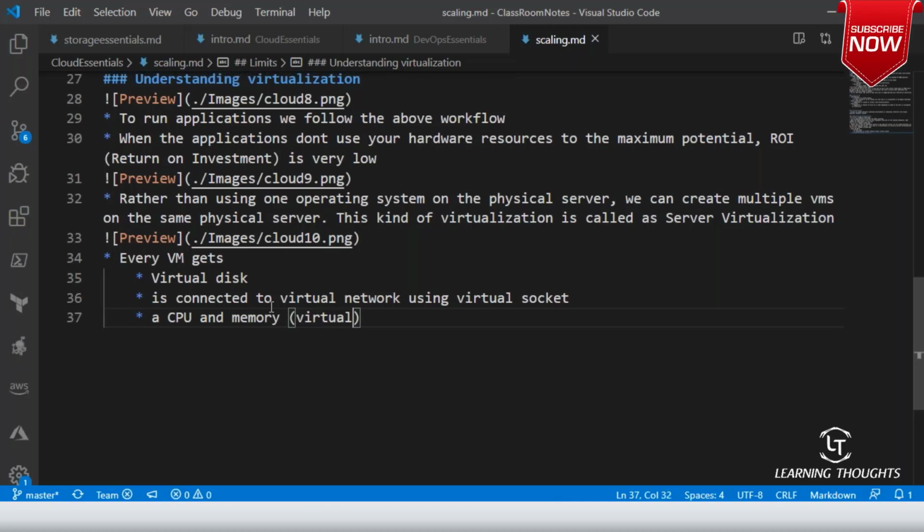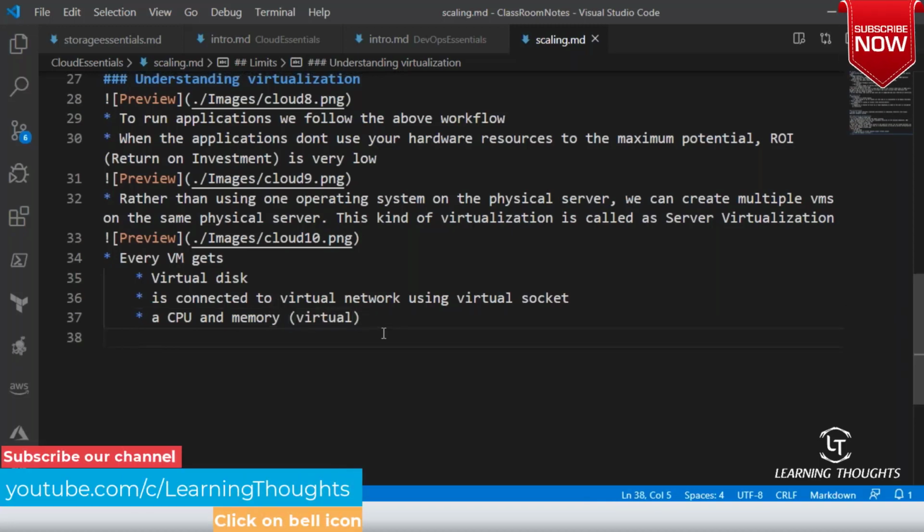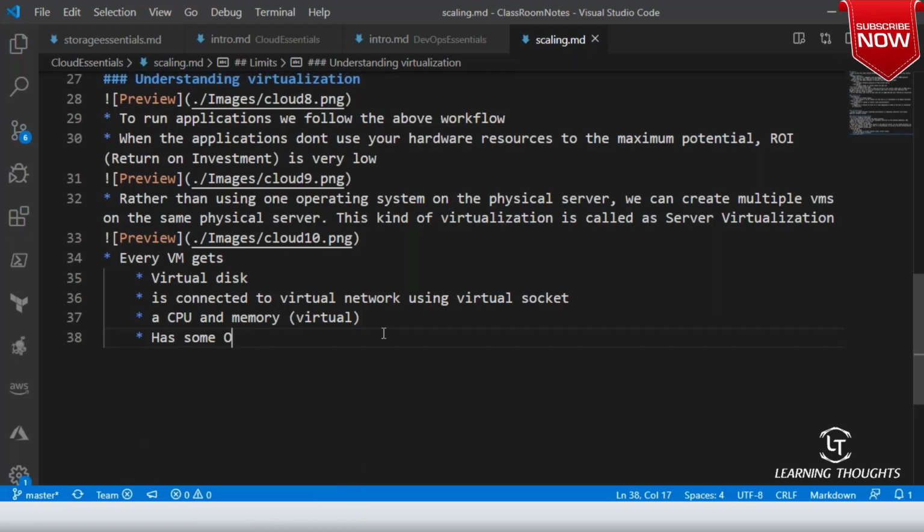Again, they are virtual. And generally, every virtual machine also has some operating system. Am I clear on this? Is it all making sense now?